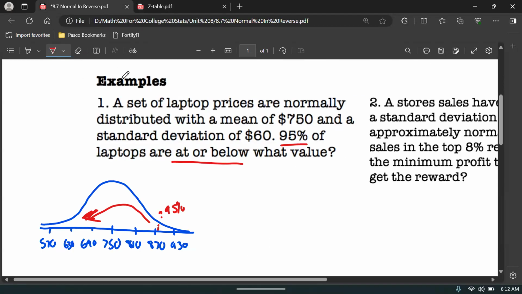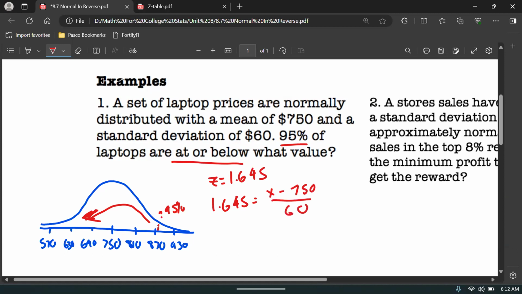All right, so let's try to do it manually first. So we know the Z score for the 95th percentile is 1.645. So 1.645 is equal to the X value that we're looking for minus the mean, 750, divided by standard deviation of 60.